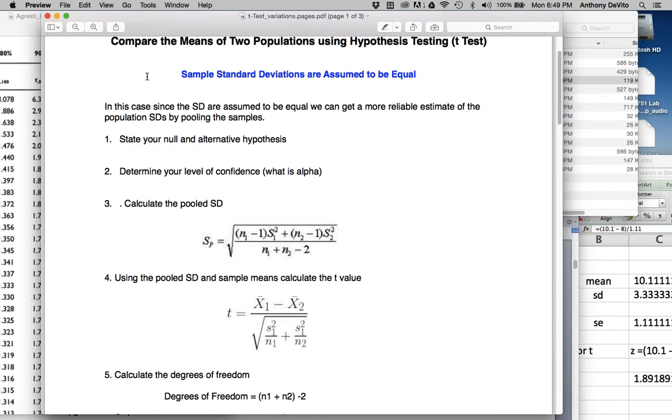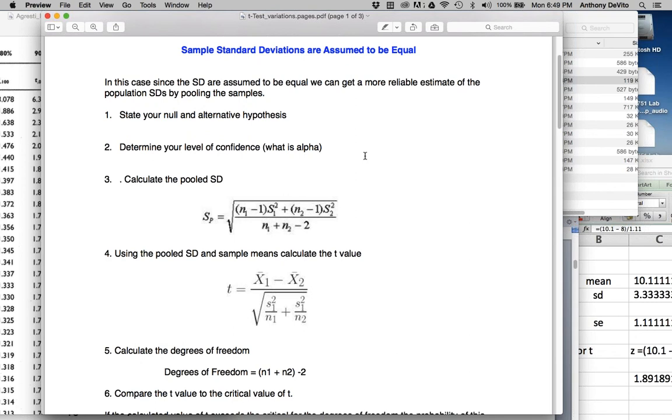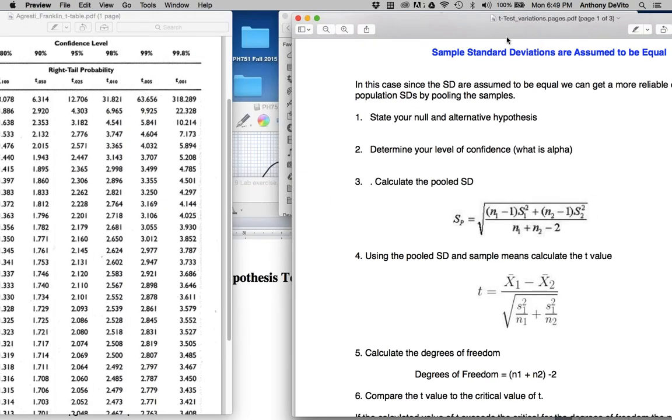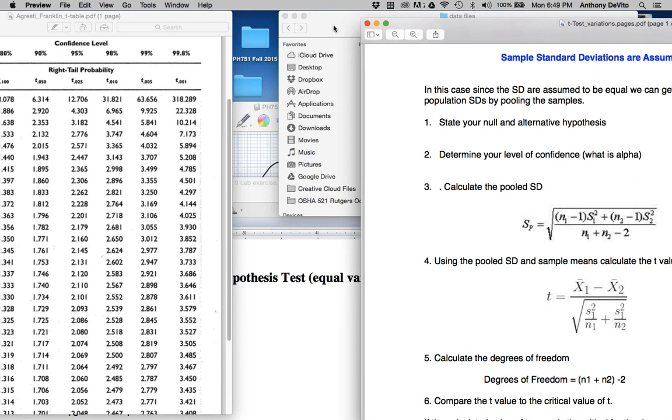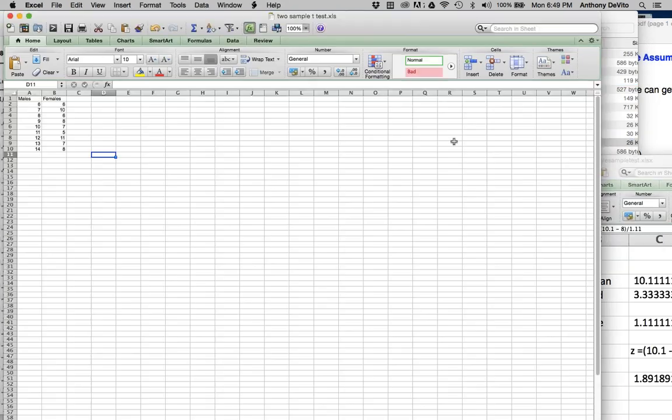So, sample standard deviations are assumed to be equal, right? Okay, that's our case here, right? Well, we don't know that yet. Tell you what, before we assume that, let's put those numbers into Excel. Let's see, Excel, 2-sample t-test. I think that's it there. Okay.